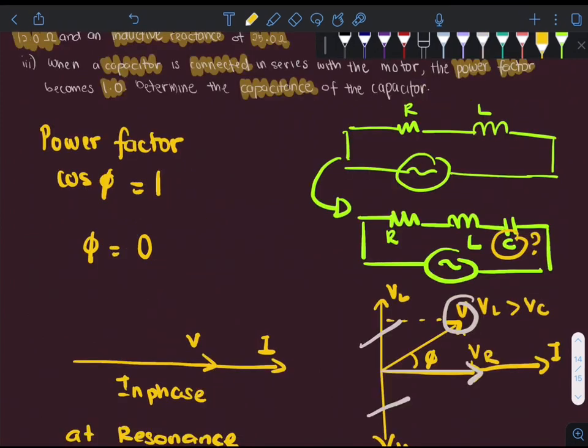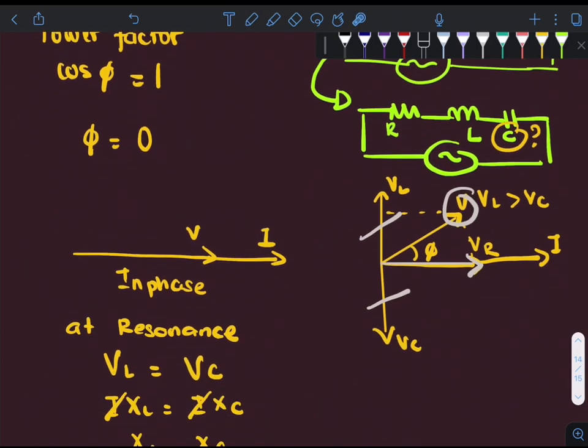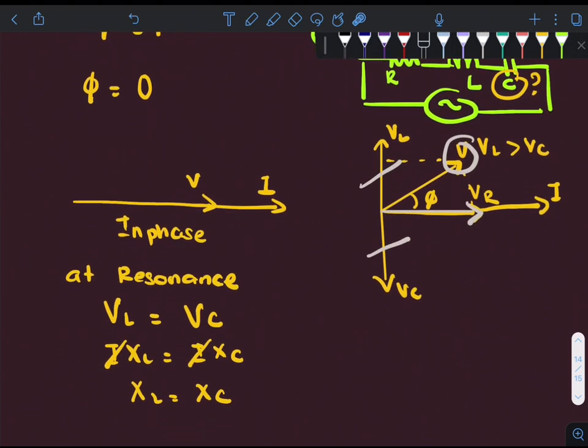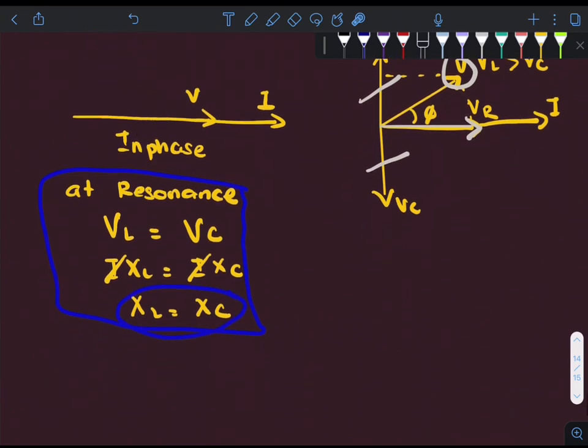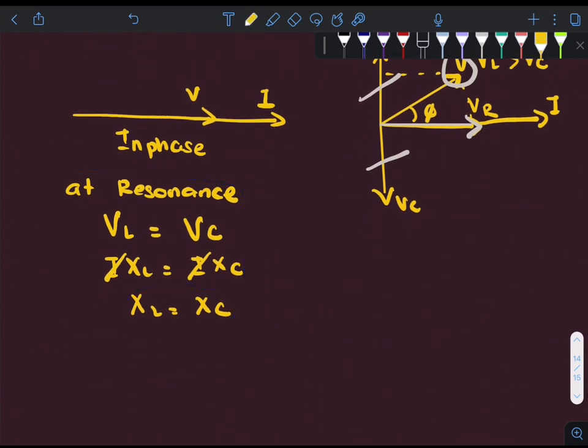Okay, so this is the information that we can deduce when the power factor is equal to 1, cos phi equal to 1. We can deduce that our circuit is at resonance, XL is equal to XC. So we now need to find our capacitance.